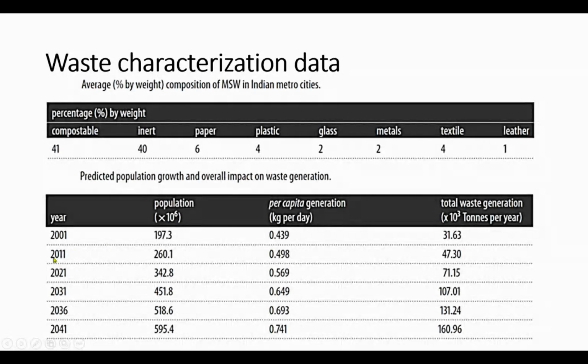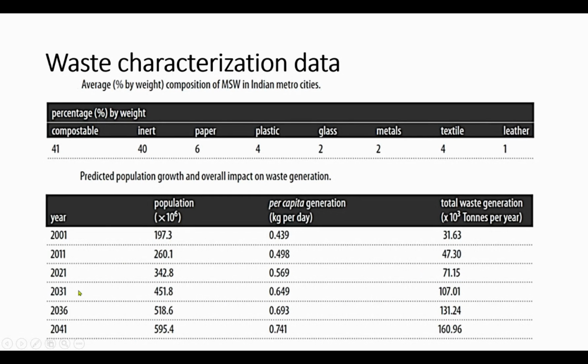Can you see the gap? 0.439 and 0.569. And just see the total waste generation: it is more than double. This is 31.63, and here it is 71.15 into 10 raised to 3 tons per year. So we can see the jump in these two decades, right?